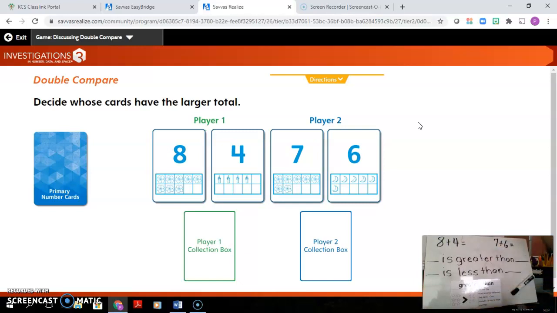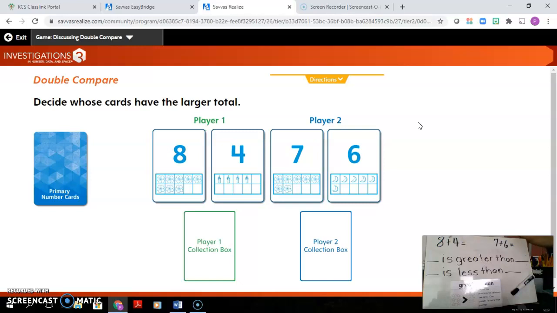All right, so I wrote a number equation to represent player 1's cards and a number equation to represent player 2's cards. And player 1 had 8 plus 4. Plus was the symbol that I used in place of the word plus. And then I have an equal sign to use in place of the word equal.